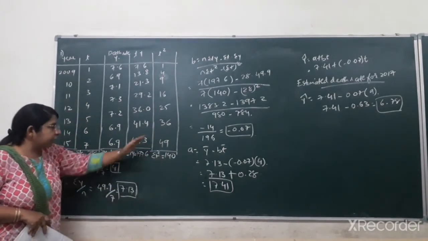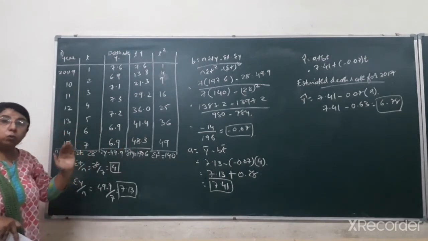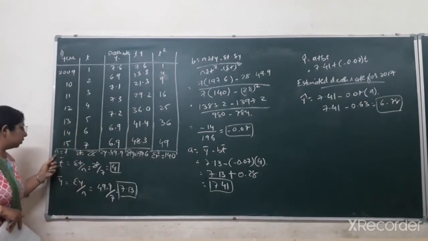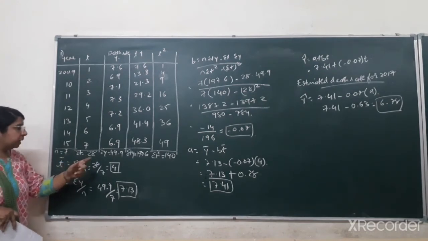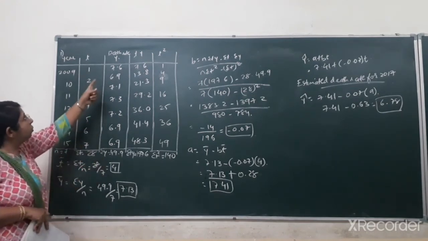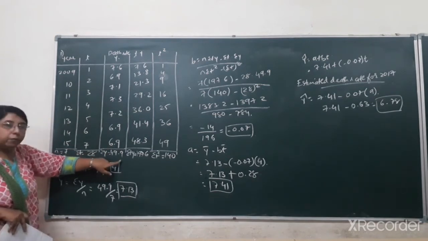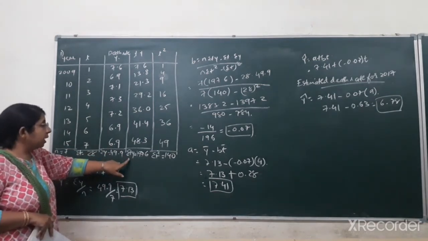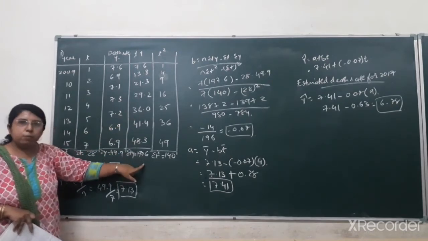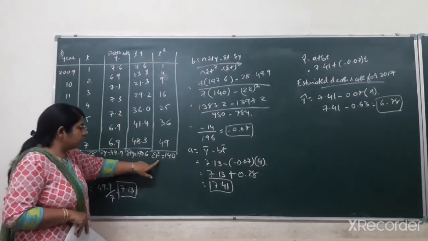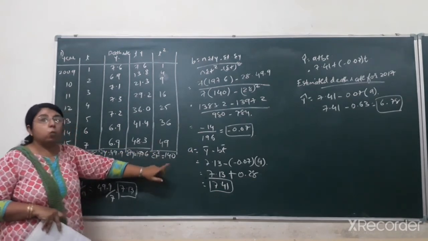Now after finding the values of all the columns, we will do the total of each column. And you can see n total, that is 7. Sigma t already I have explained, that is 28. Now sigma y, that is the total of y, that will come to 49.9. Then sigma t y, means total of t multiplied by y, it will come to 197.6. And sigma t square, total of t square, that will come to 140.